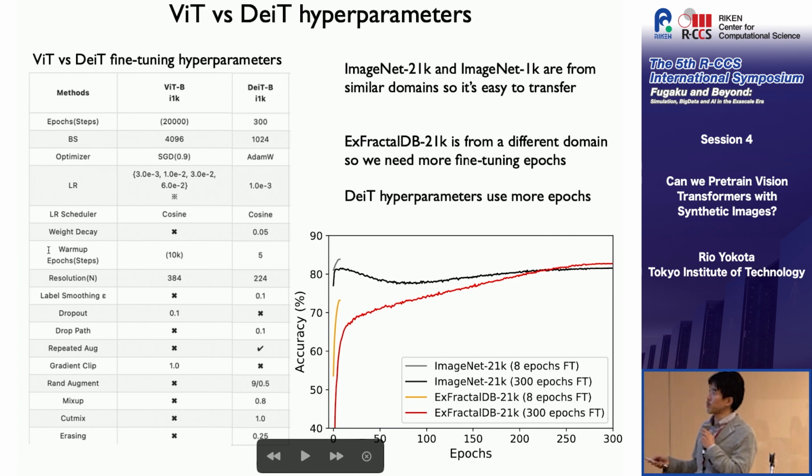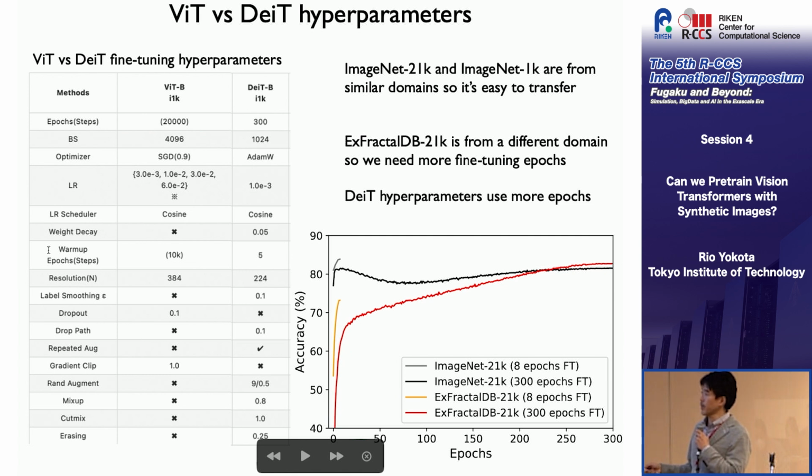One big difference between the original one and this date is that it trains for very different number of epochs. So the original one trained for only 8 epochs for the fine-tuning, but the date configuration trains for 3,000 epochs.